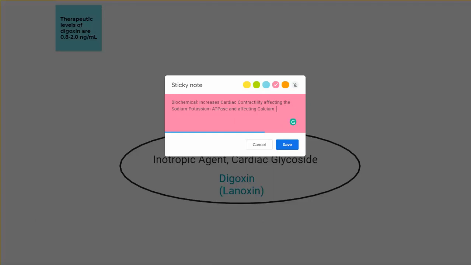The next thing that you need to know is that it increases the force of contraction in the heart. So I'm going to just put this on a different sticky note. And this is part of something you might see on the NCLEX. It does have a positive inotropic effect. So a positive inotrope is something that increases contractility.